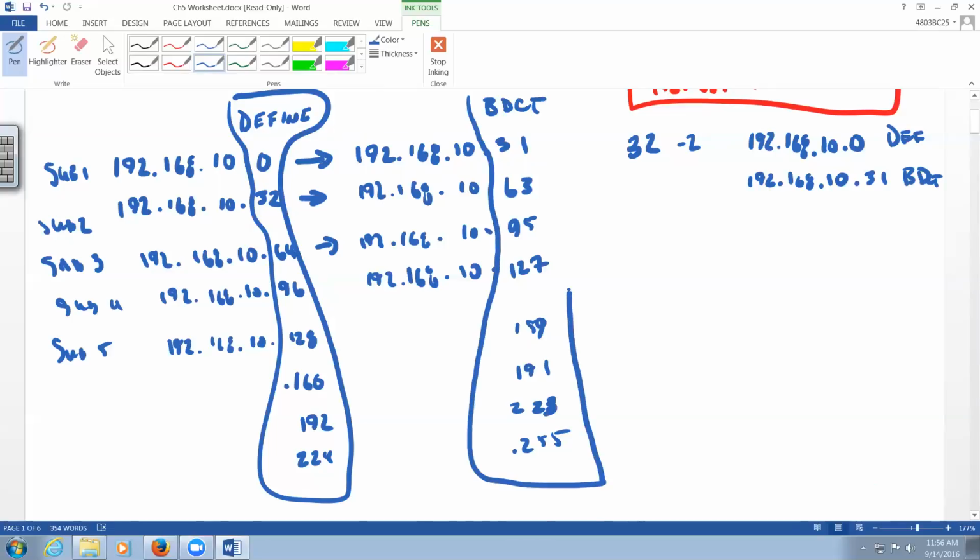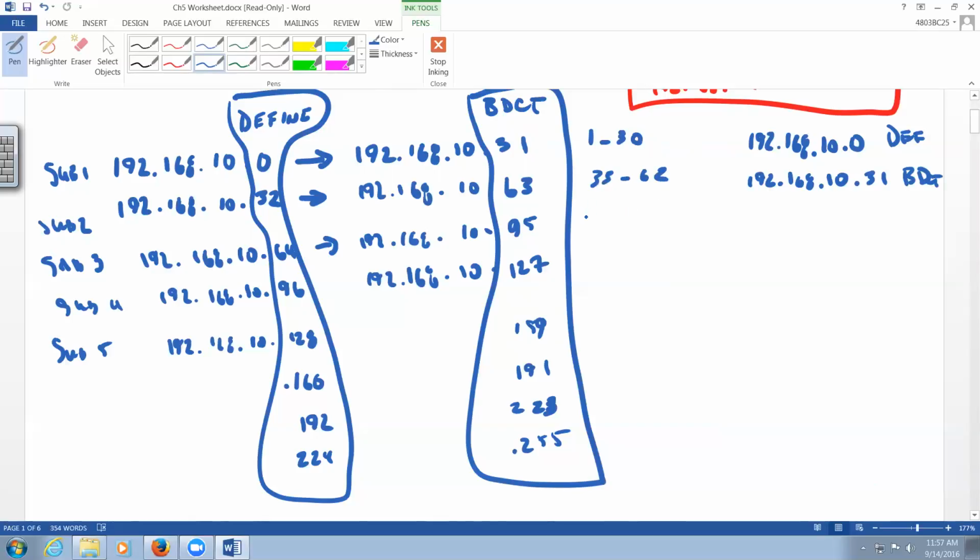All right, did everybody hear Jake? Say that again, Jake. So if we have the defining address and also the broadcast, in between those it's always 30 that we can use. So the usable IP addresses on subnet 1 is what? 1 to 30. What's the usable IPs on this one? 33 to 62.